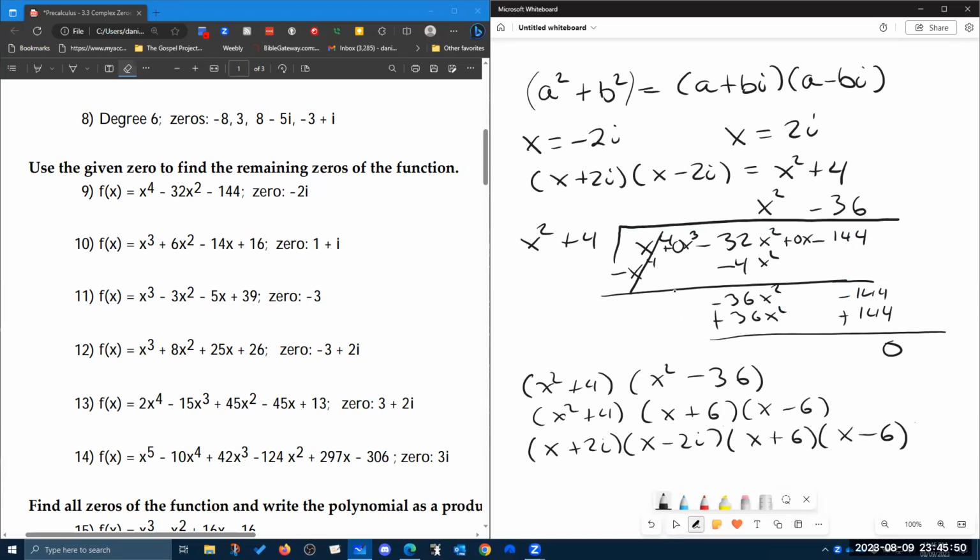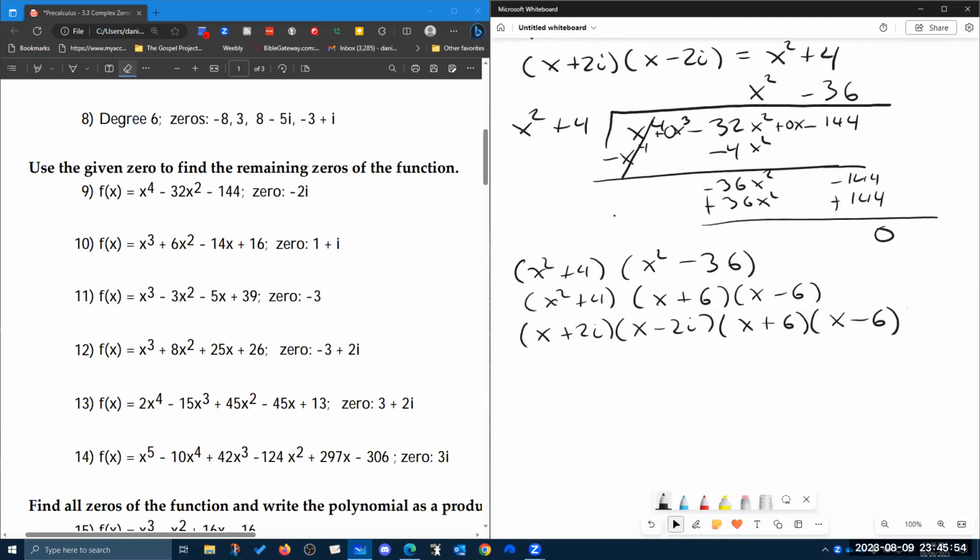So all of the zeros here are: x1 was given to me as negative 2i, x2 is its complex conjugate, positive 2i, then I have a negative 6, and I have a positive 6. 4 zeros for my fourth degree polynomial.